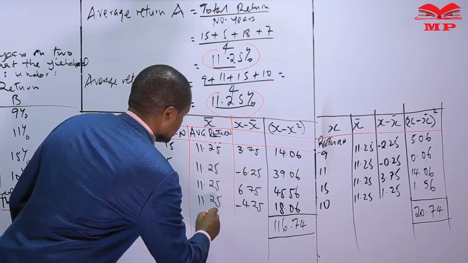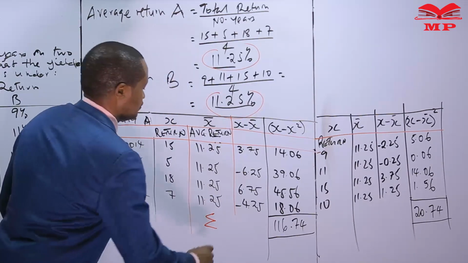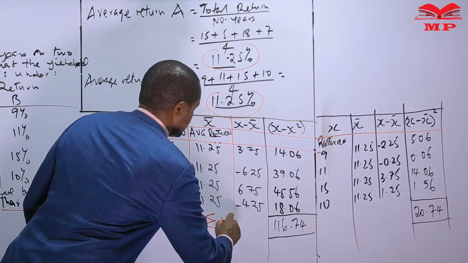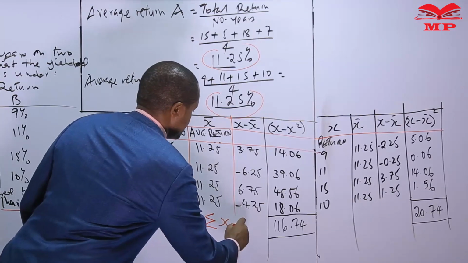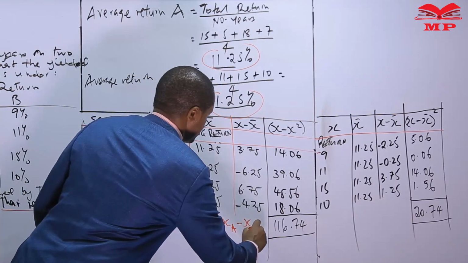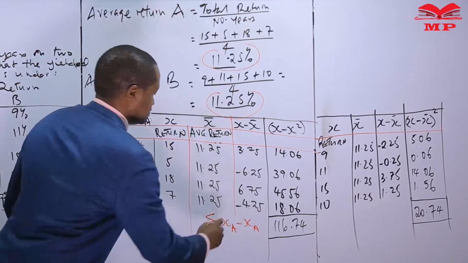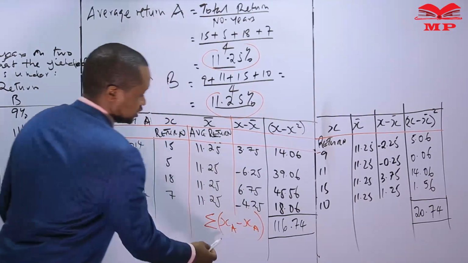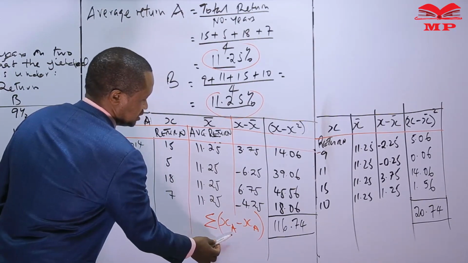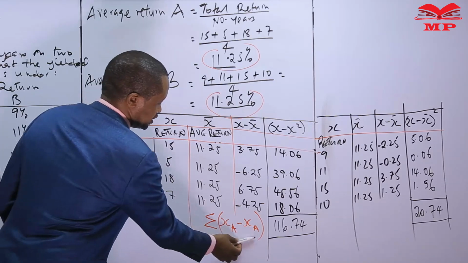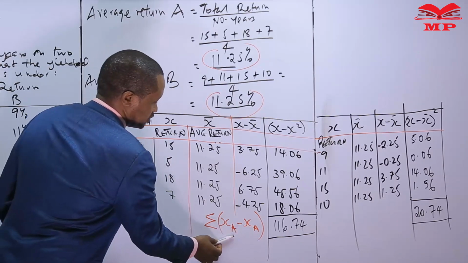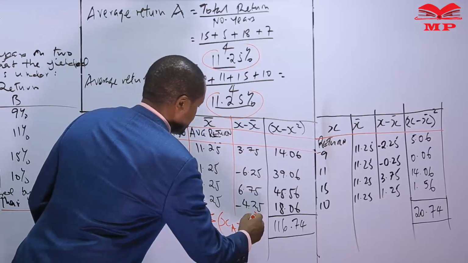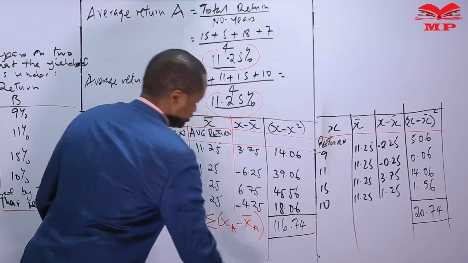The summation of the deviation of XA minus X bar A, summation security A. The summation of the deviation of the actual and the average.